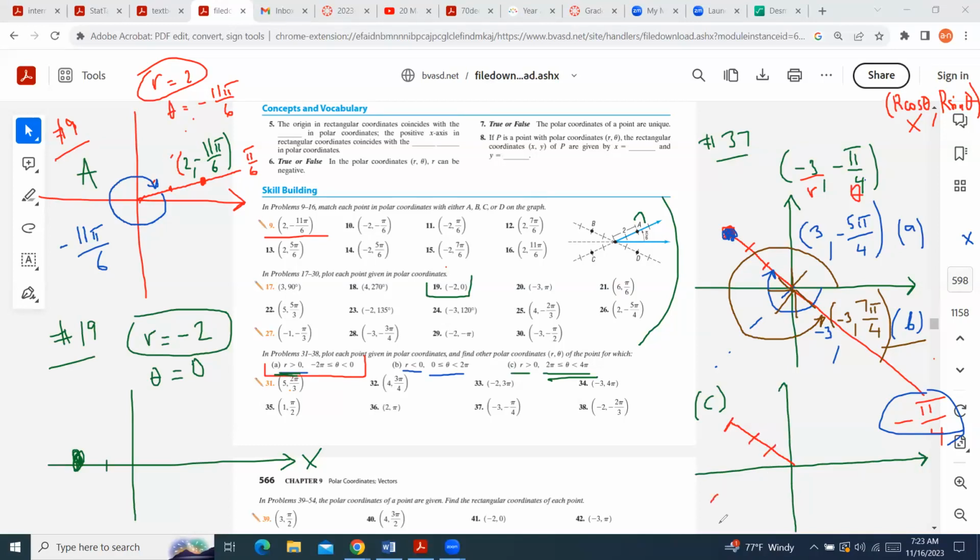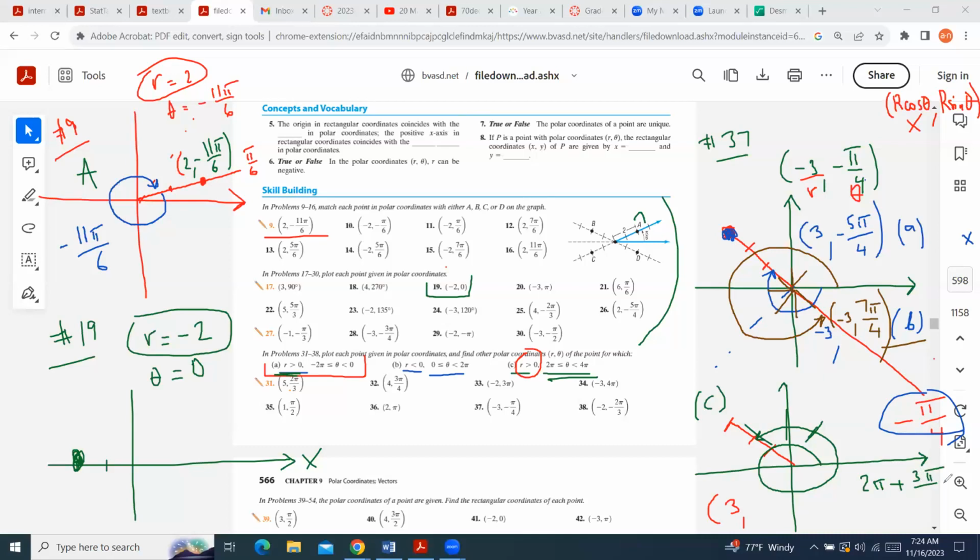So they want me to have a +3. They say, why positive? Well, they say here, r is greater than 0. So it'd be +3. But for the angle, they want to rotate more than by 2π. So more than a full rotation. So they want to go a full rotation, right? And then some more here. So how much more? Well, looks like I need to have 2π added with 1, 2, 3 of these pi's over 4.